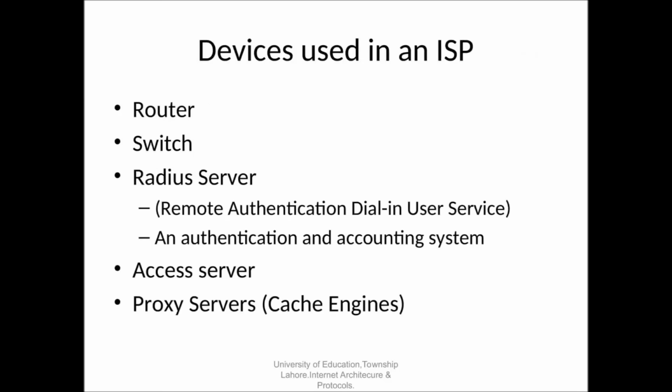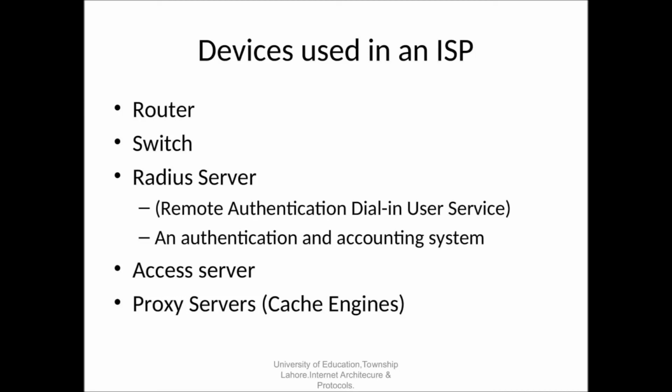Devices used in an ISP: first of all is the router, as we have discussed in our previous slide. We will see it briefly here. A router is a device which is used between the proxy server and the device which is received from an ISP.